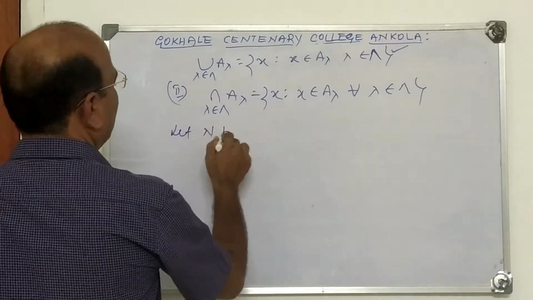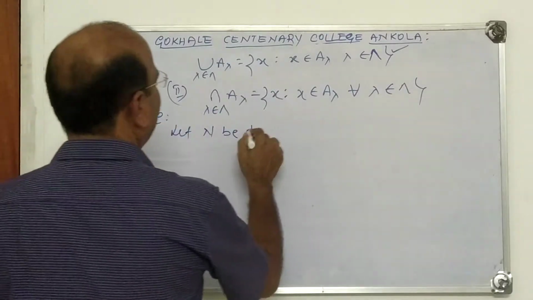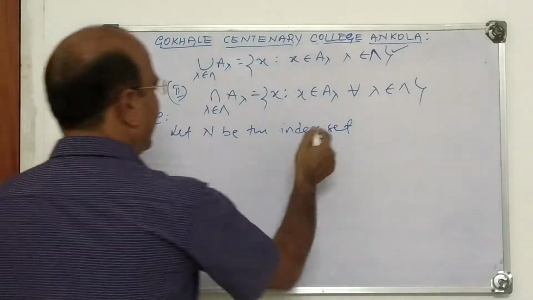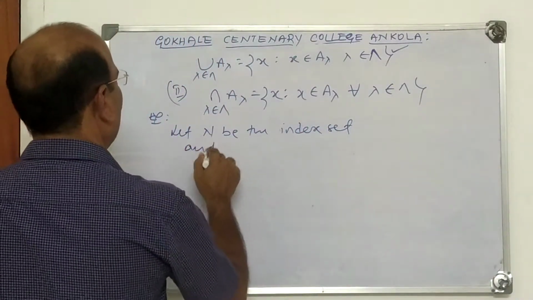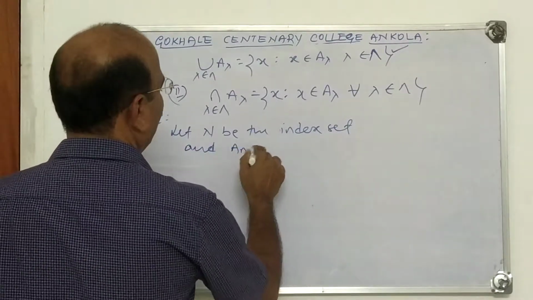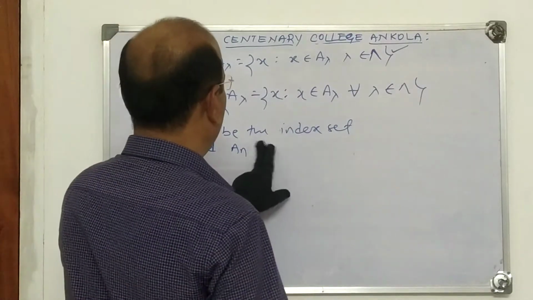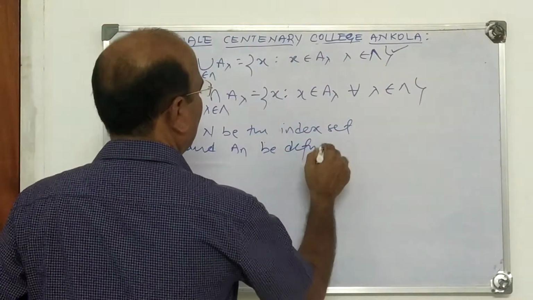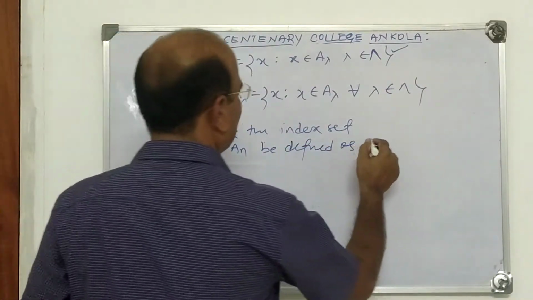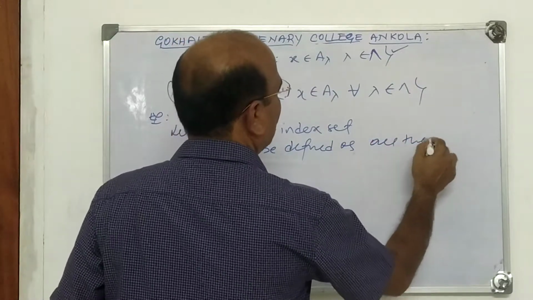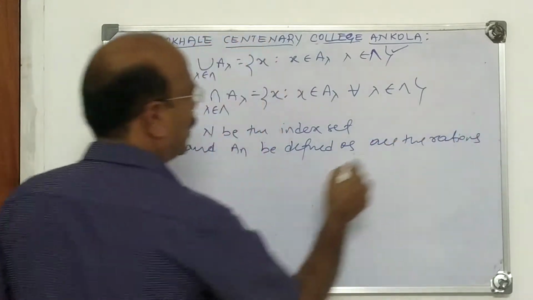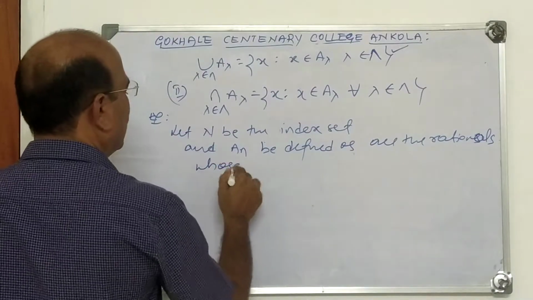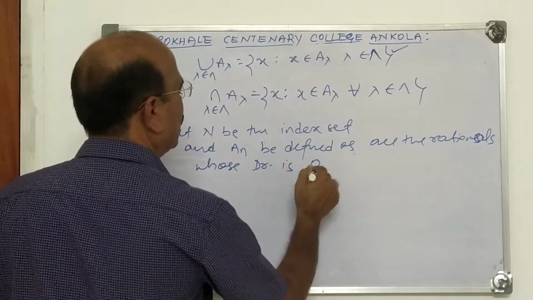Let capital N, the set of all naturals, be the index set, and let A n be the indexed family of sets defined as the set of all rational numbers whose denominator is n.